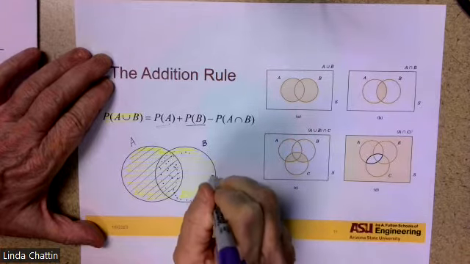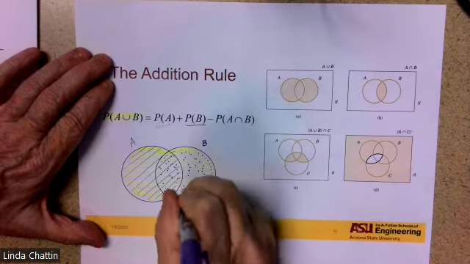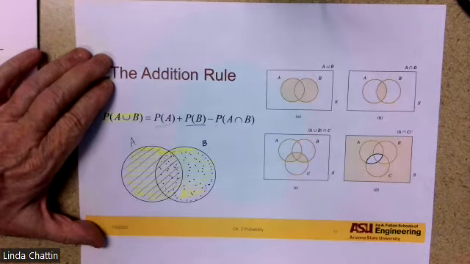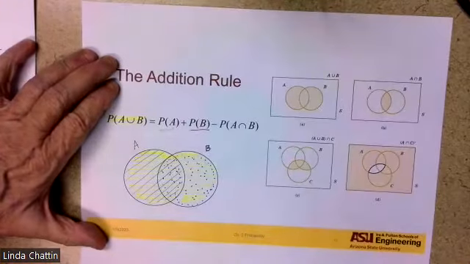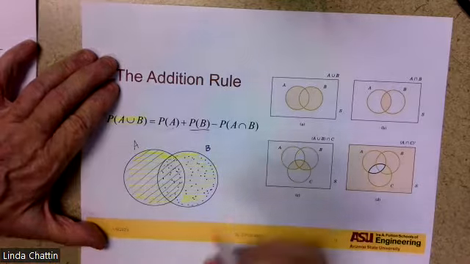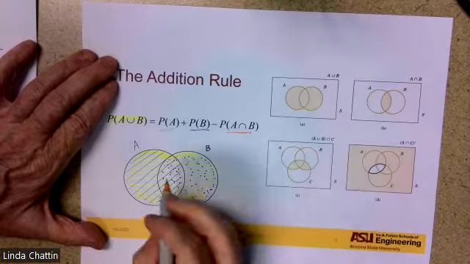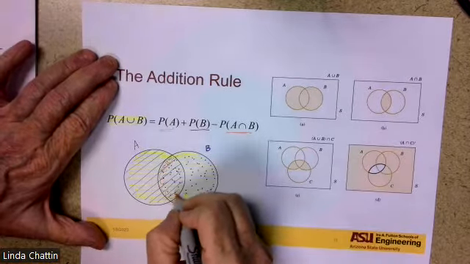So notice that I'm counting that wedgy area twice. That's why we have to subtract the probability of A intersected with B. And what's A intersected with B? Well, I'll just shade it here with all of this orange.